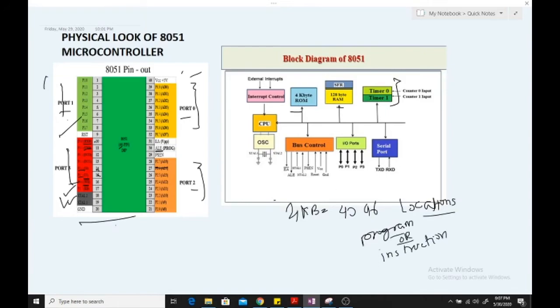And there is an interrupt control, a CPU, 2 oscillators that connect to it, and a bus control system. So that's the basic structure of an 8051.